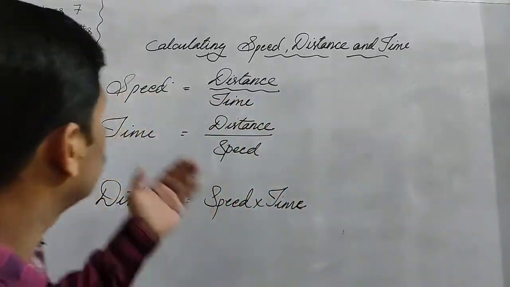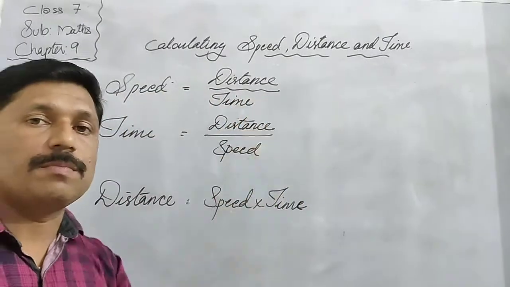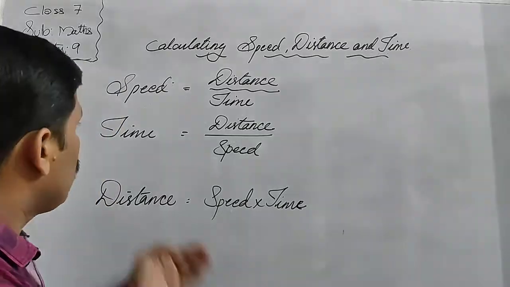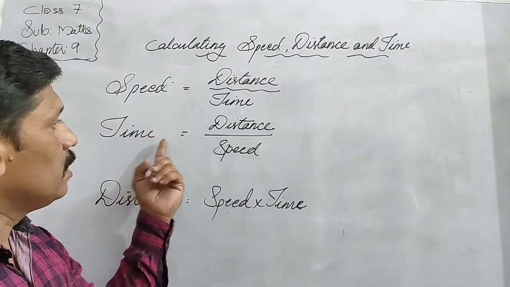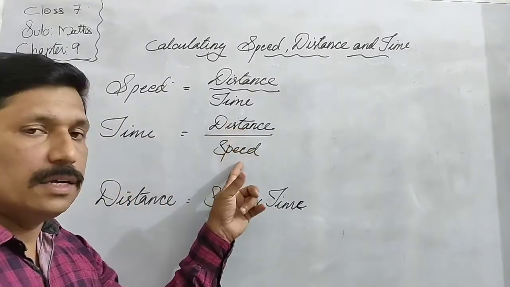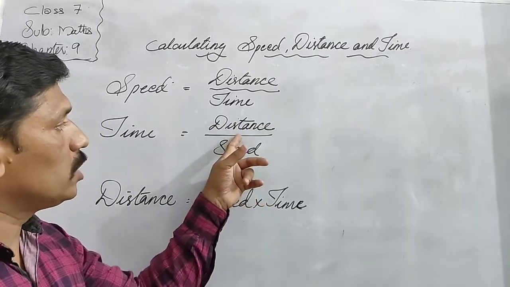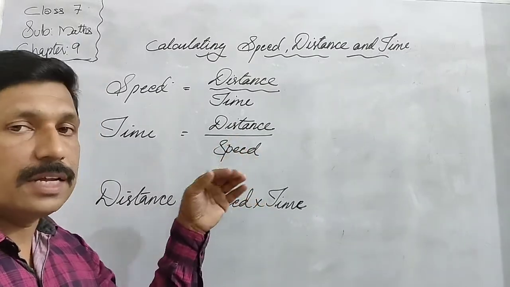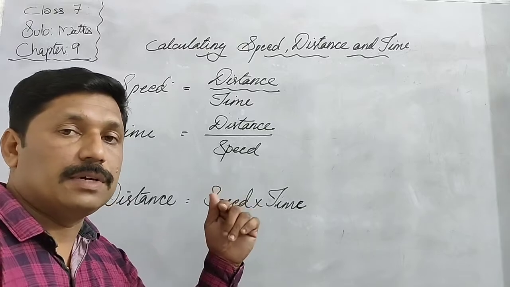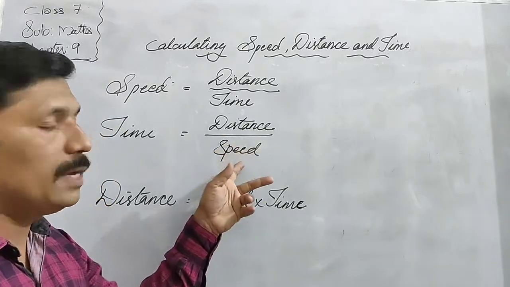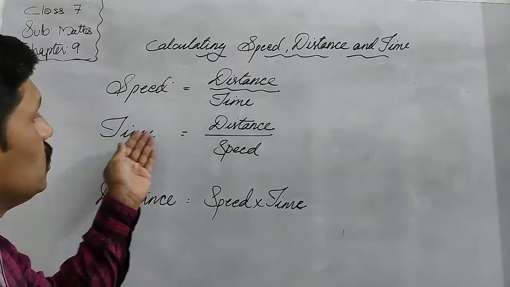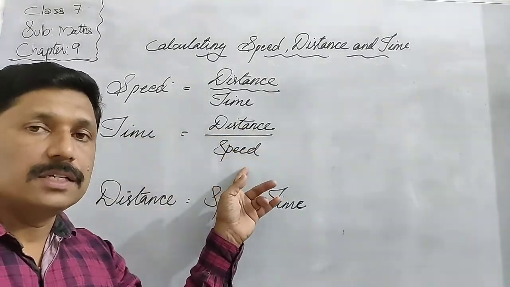So speed is equal to distance by time. And if we want to find out the time, when we know distance and speed, if we divide that distance by the speed of that object, then we can find out in how much time that distance can be covered by the object. So time is equal to distance by speed.